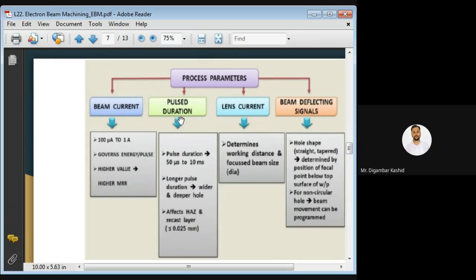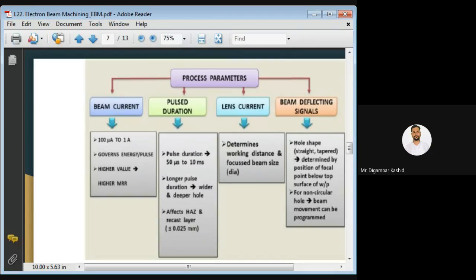Pulse duration also affects the heat affected zone on the workpiece surface, because with a long duration, heating of the surrounding material takes place, and it generates a larger heat affected zone if the pulse duration is increased.